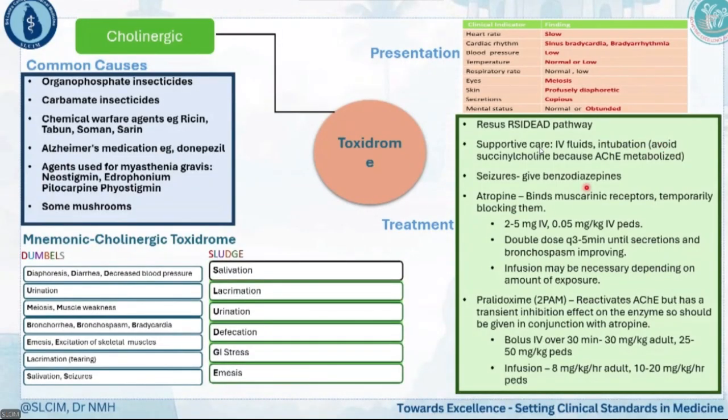But remember, atropine has to be given in adequate doses, otherwise you will actually make the patient worse. They will end up in aspiration, and there will be a lot of complications if you don't atropinize the patient properly. We'll discuss the PAM also in my next presentation.